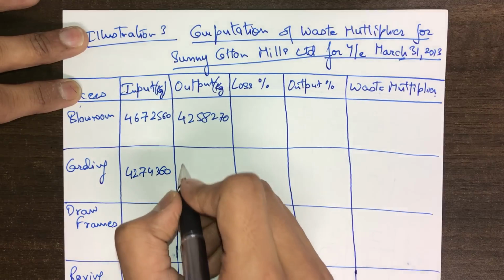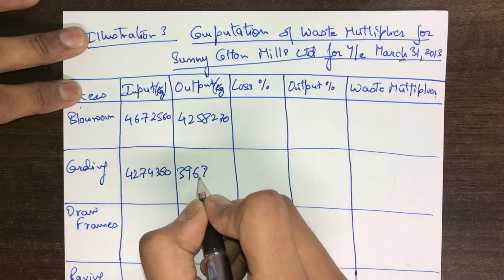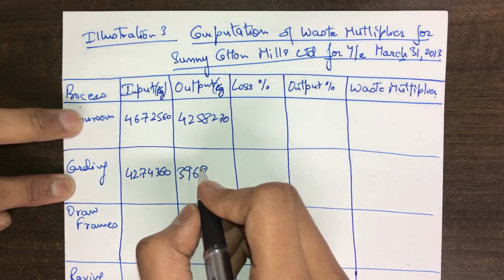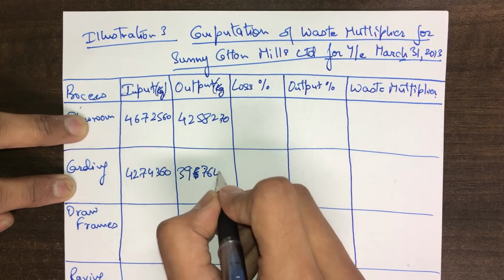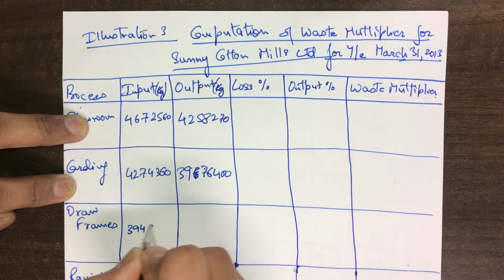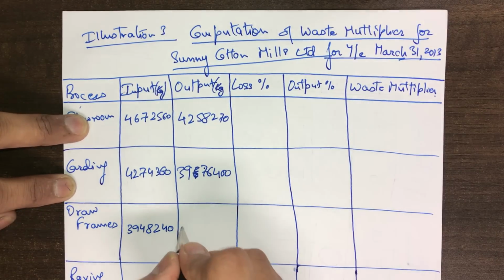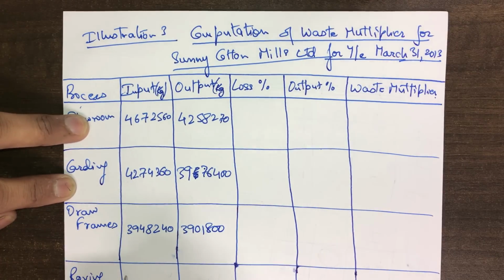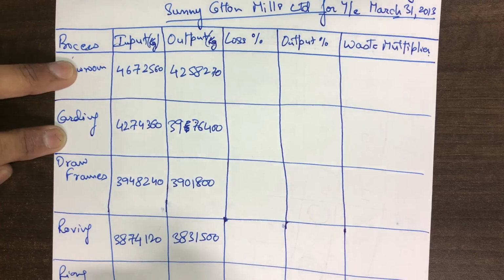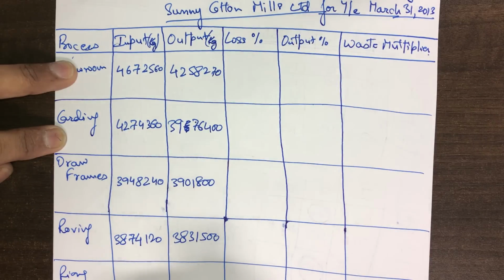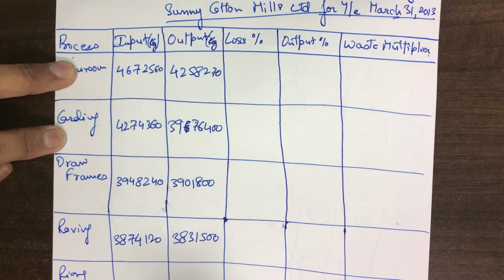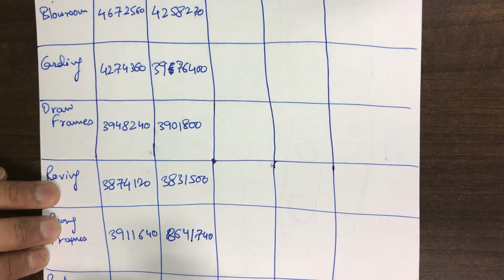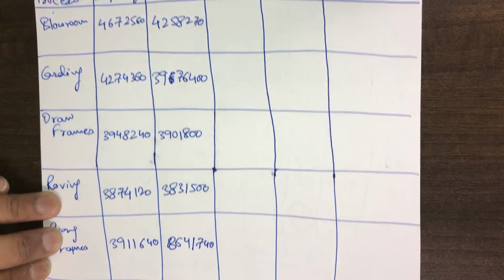You can quickly jot down all the data which is there in the question on your answer sheet. 36,35,400, 35,80,880.